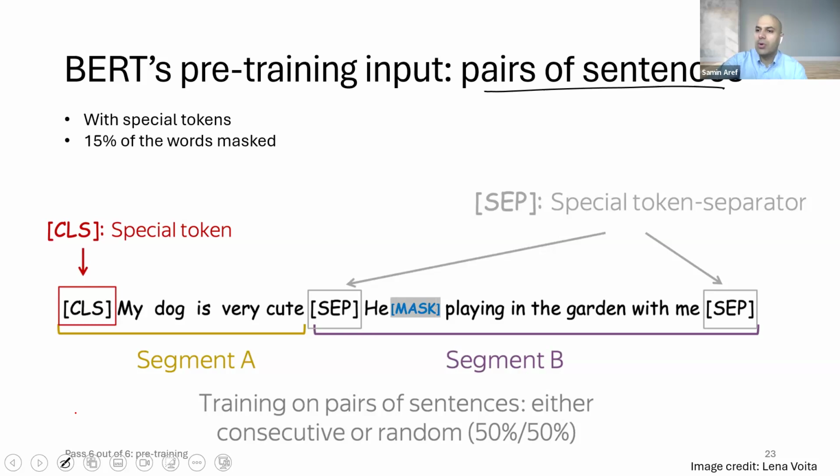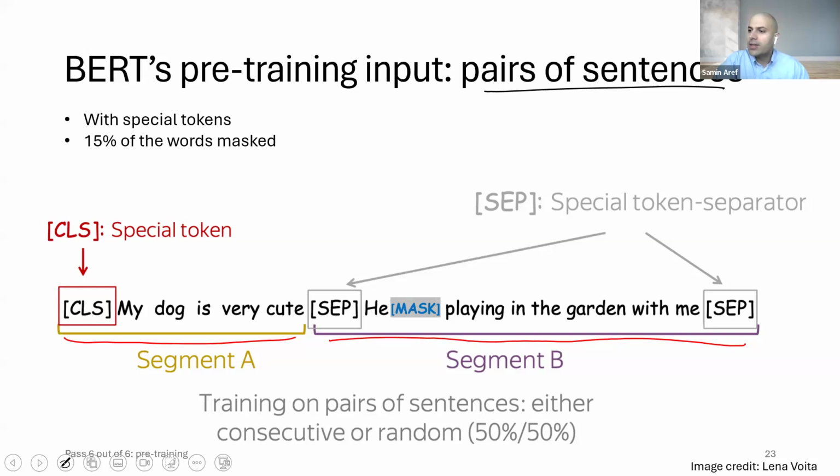Here you can see that segment A of this pair is "my dog is very cute", and segment B is another sentence. Segments roughly correspond to sentences, and tokens roughly correspond to words.